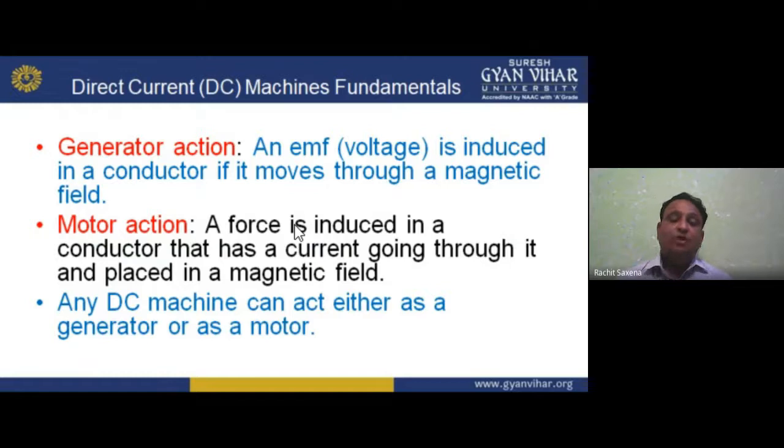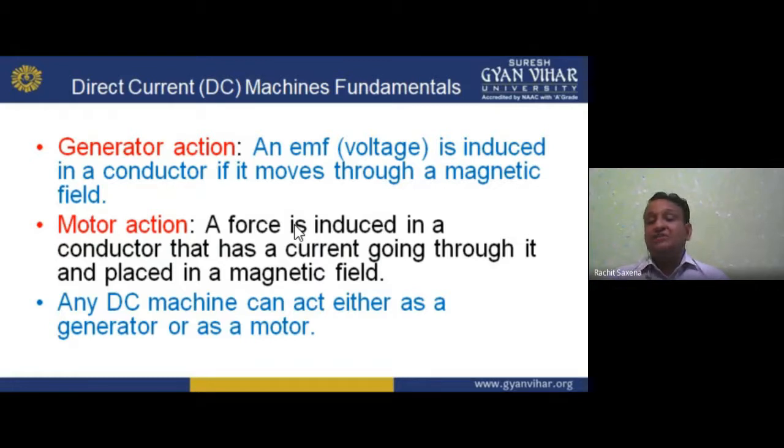If I'm talking about the motor action, my dear students, a force is induced in a conductor that has a current going through it and is placed in a magnetic field. So a current carrying conductor placed in a magnetic field experiences a force, and if force is applied, then torque will take place.